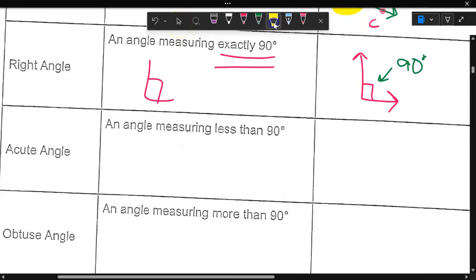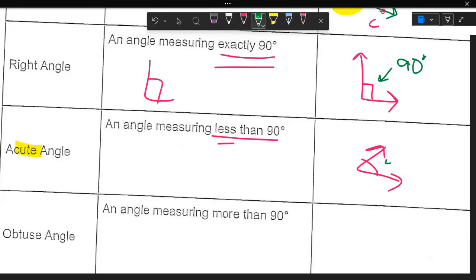Acute angle. Cute, think cute like babies. Babies are small. Acute angles are really small too. AKA, they are less than 90. That's a degree. There we go. All right, obtuse angle, an angle measuring more than 90.